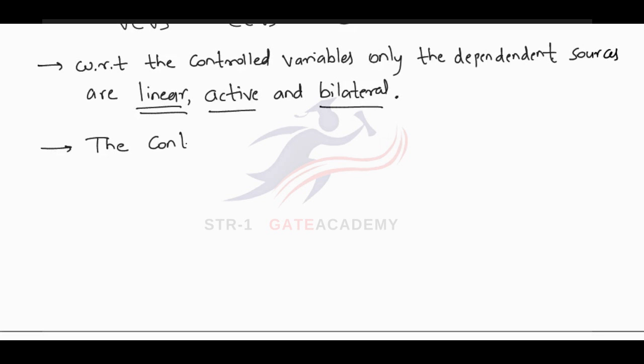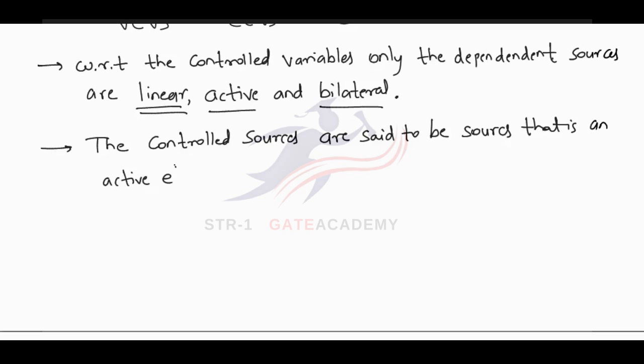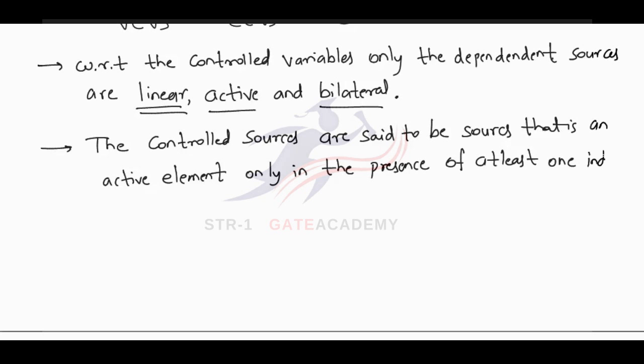So the controlled sources or dependent sources are said to be sources, that is, an active element, only in the presence of at least one independent source in the network.